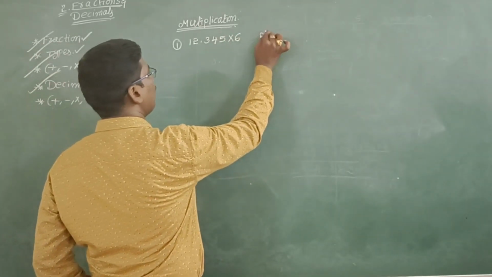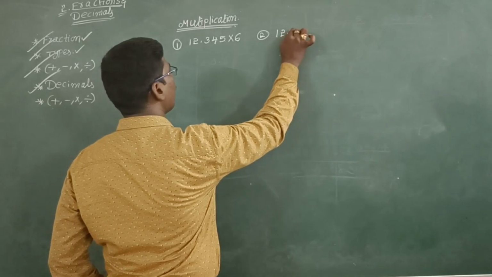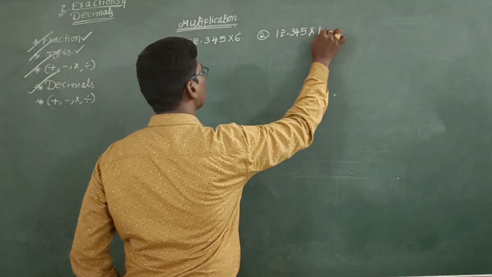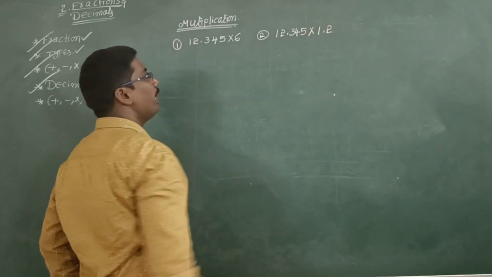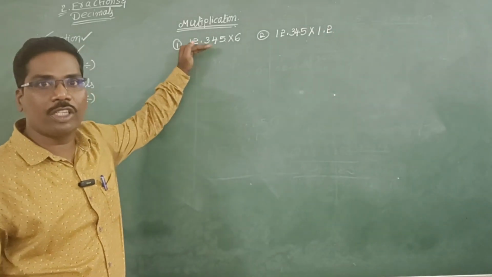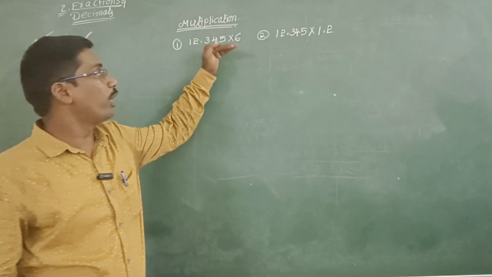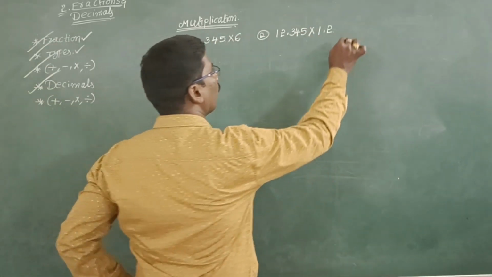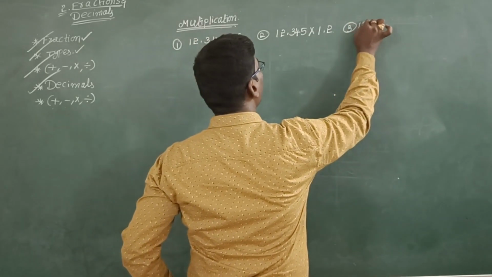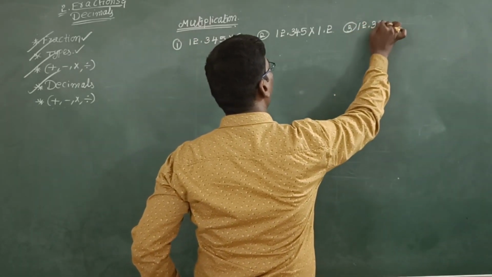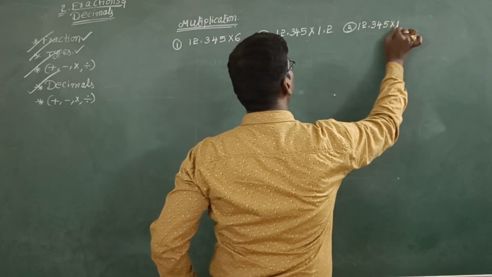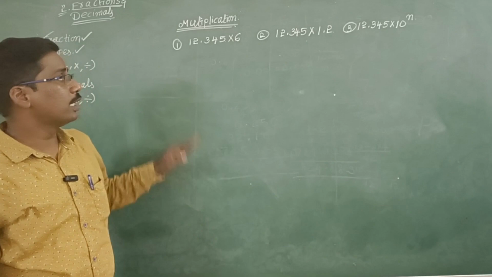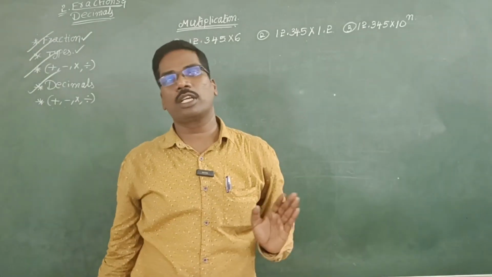Next, this decimal I want to multiply with one more decimal. It means we can multiply a decimal with a whole number or integer. We can multiply a decimal with another decimal. And one more thing, this decimal can be multiplied with 10 or a power of 10, that is 10 to the power n. These three types of multiplication are there in decimals.